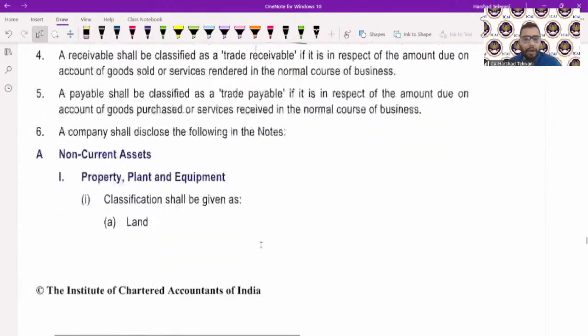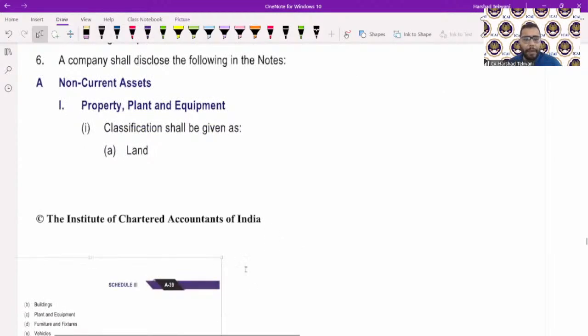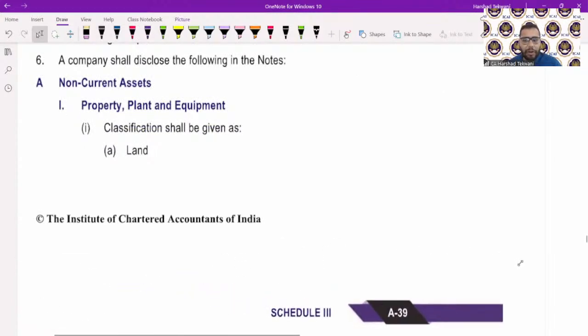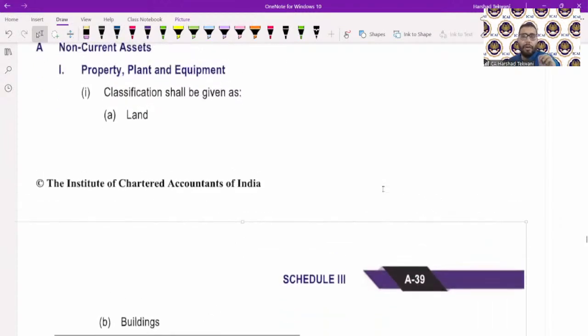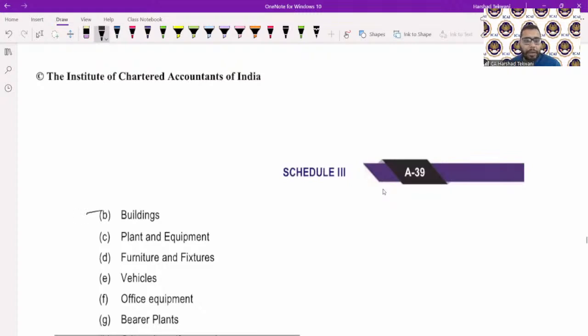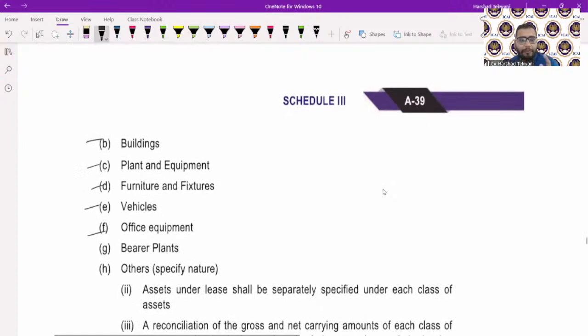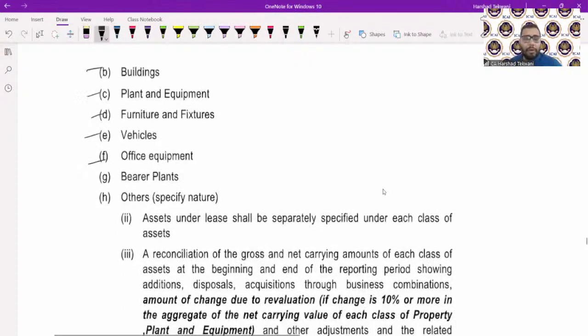Okay, now coming to plant property and equipment. Remember in division 1 what we saw? In division 1 we saw that we need to classify plant property and equipment on the basis of type of asset first, like land, building, plant, furniture, fixture, vehicles, office equipments. Till this point of time we saw that, okay, now there is one more additional classification given in the division 2.